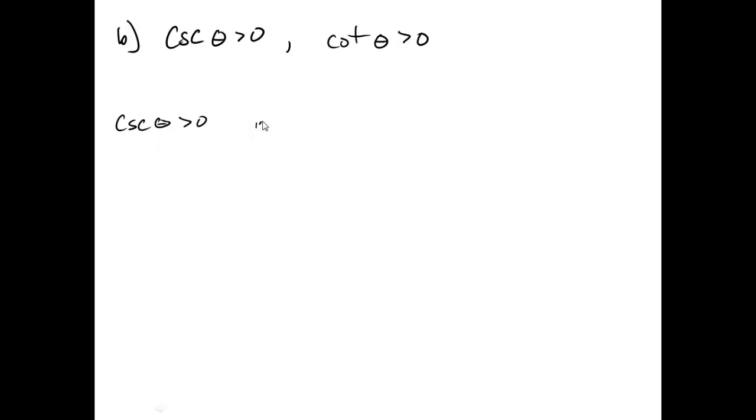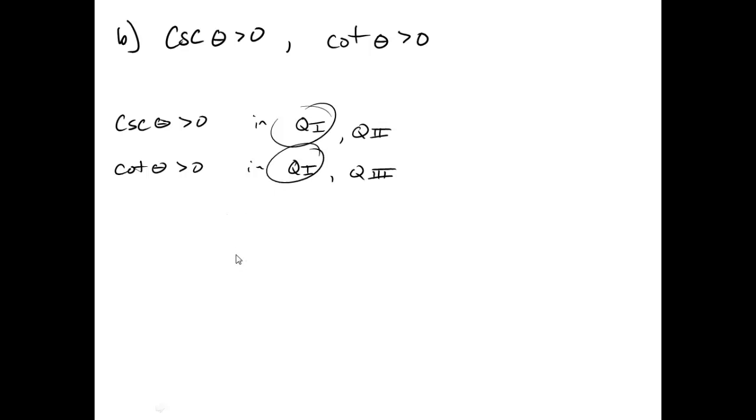So this happens in either quadrant 1, where they're all positive, or quadrant 2, where sine is also positive. Right, because that means cosecant is positive. Cotangent theta greater than 0, well, that's positive, so in quadrant 1 they're all positive there, and then cotangent is positive in the same place tangent is, which is quadrant 3. So the only one that's common to both lists is quadrant 1.